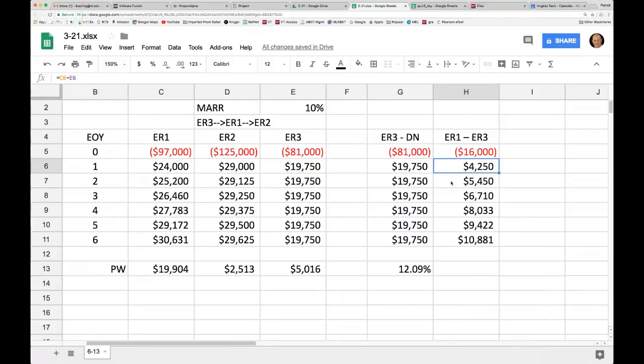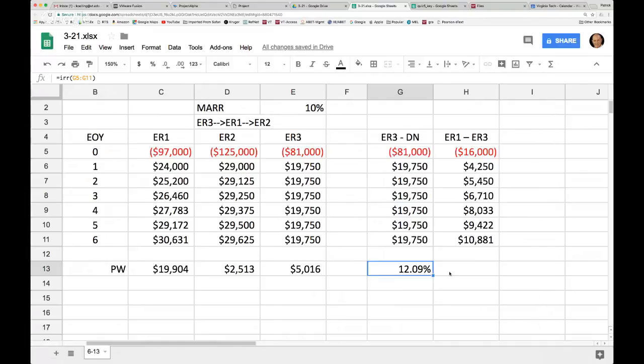They go up by, it's a kind of a squirrely increment because you're doing gradient minus a constant. So it's going to be, as it is here, a geometric gradient. There's the difference. You get that? And the IRR.